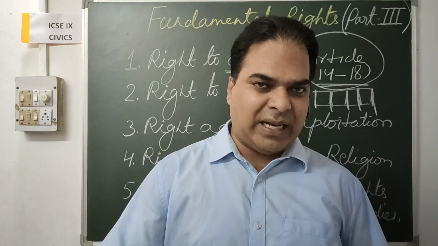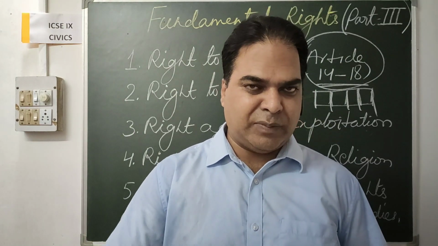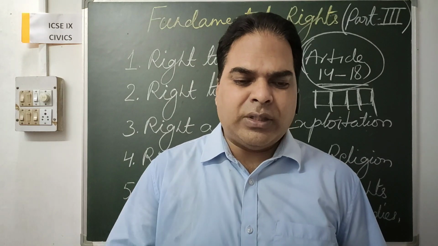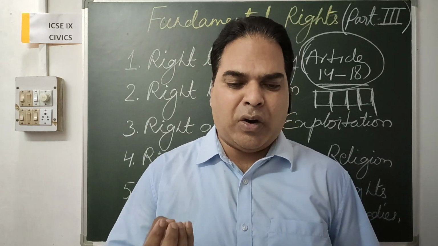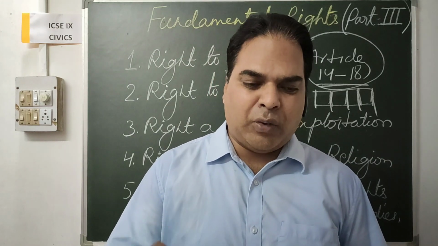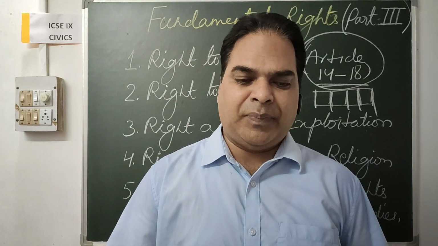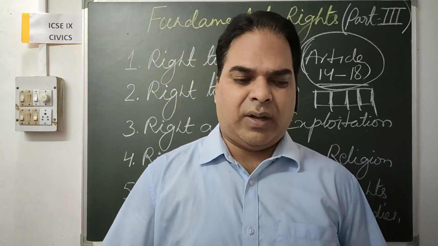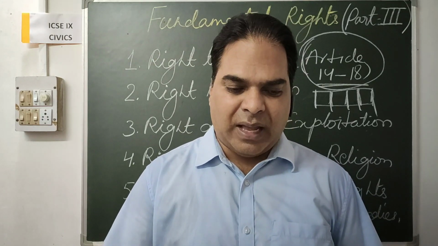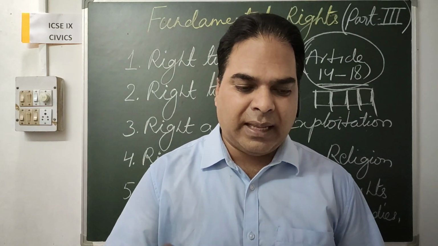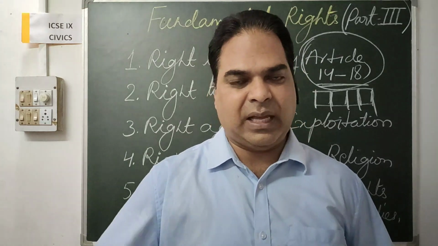There should not be any titles given to the citizens which may make a difference between the people. However, honors for military or academic distinction can be given. Military decorations such as Param Vir Chakra, Maha Vir Chakra, Vir Chakra and Ashoka Chakra, as well as titles like Padma Shri, Padma Vibhushan, Bharat Ratna can be awarded. Apart from this, nothing can be awarded.